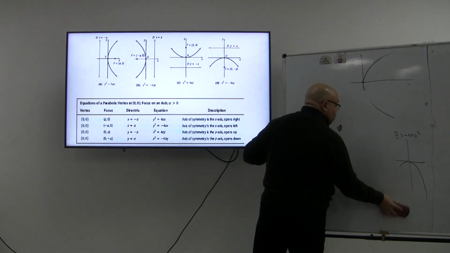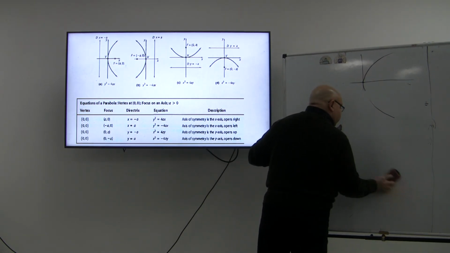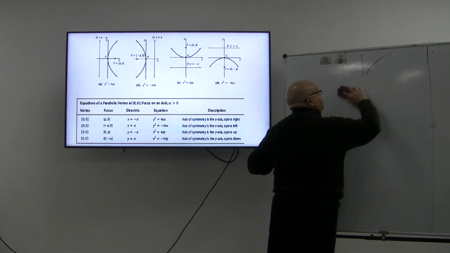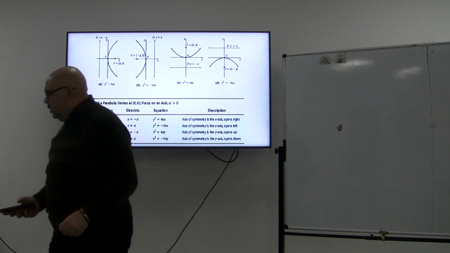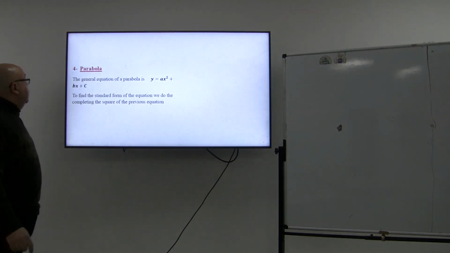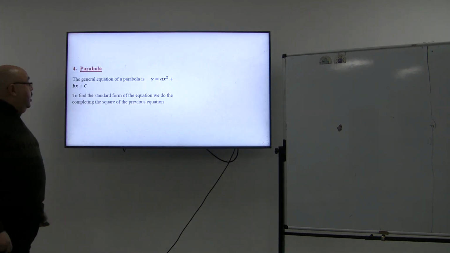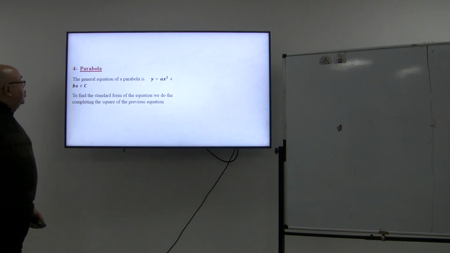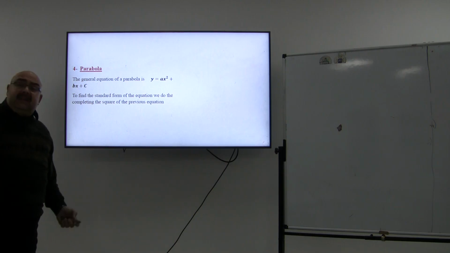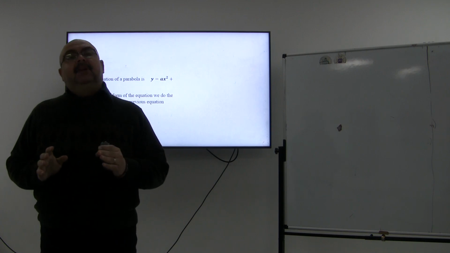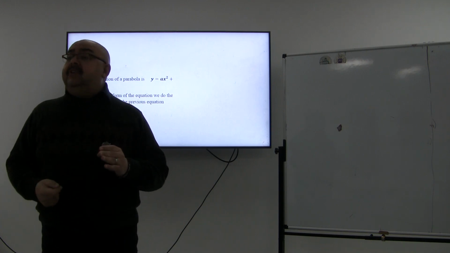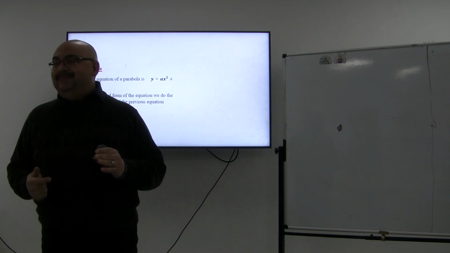I'm going to talk more, just a little bit, about the parabola, because you will find this quadratic equation most often. So if the equation is y equals ax squared plus bx plus c, that's an equation of a parabola, but with a vertex different than 0, 0.